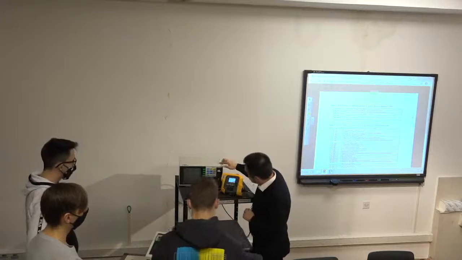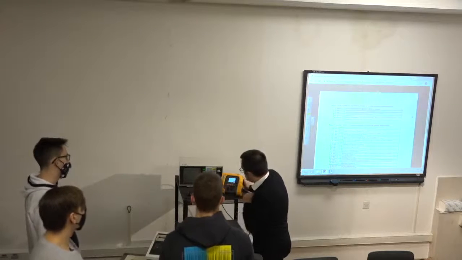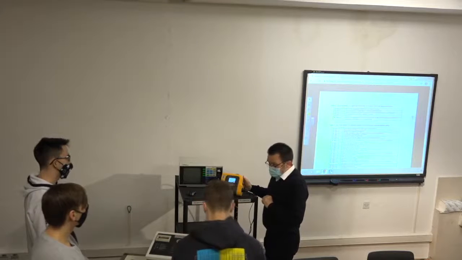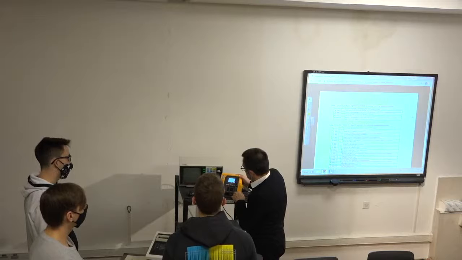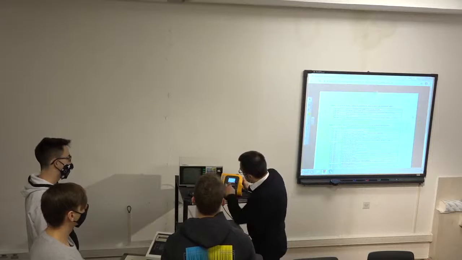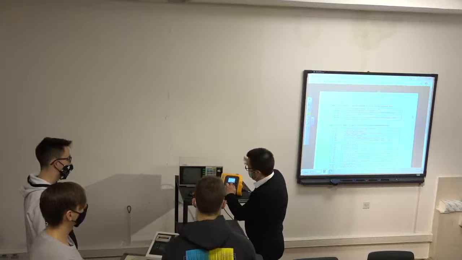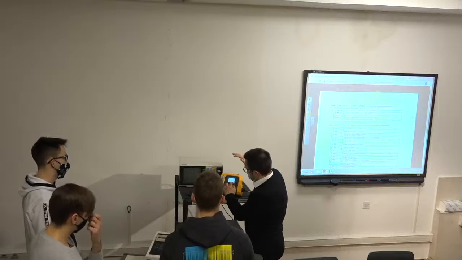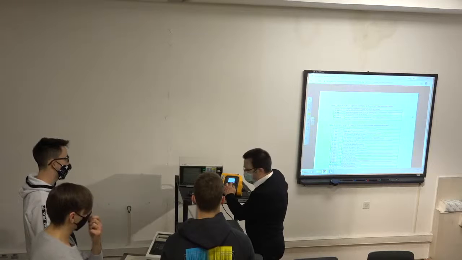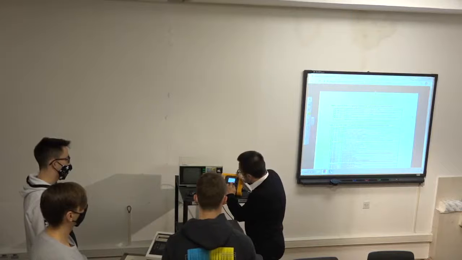And the next thing that we can have a look at is the different leakage currents. Okay, so in this case here, you can see that the ground leakage, that means the current that is flowing towards the protective ground, will be about 0.3 microamps.